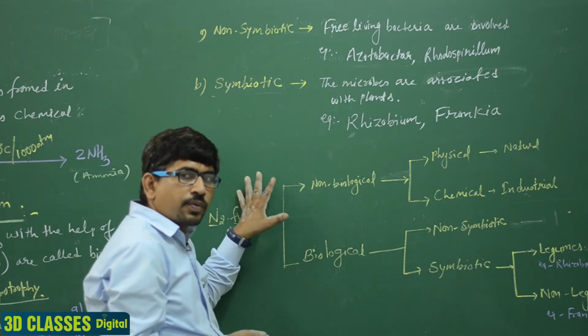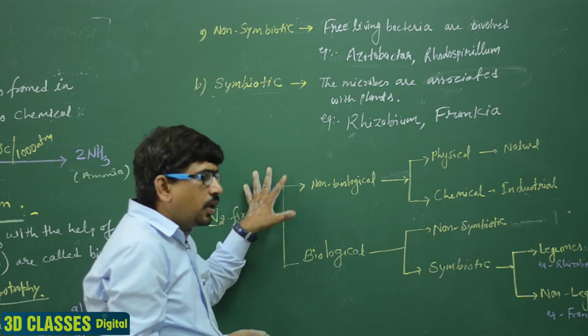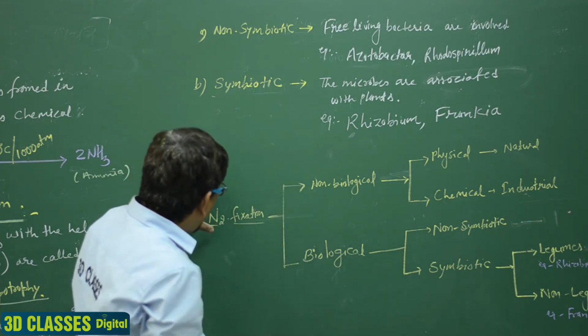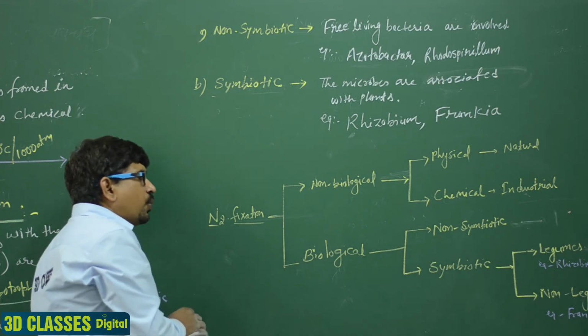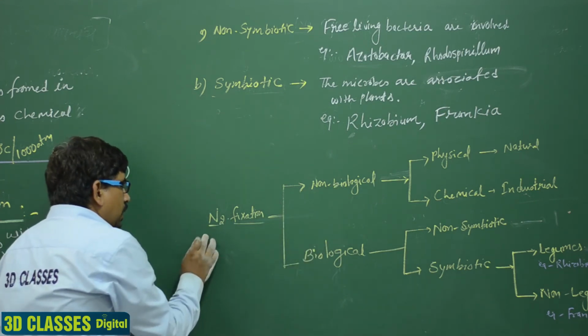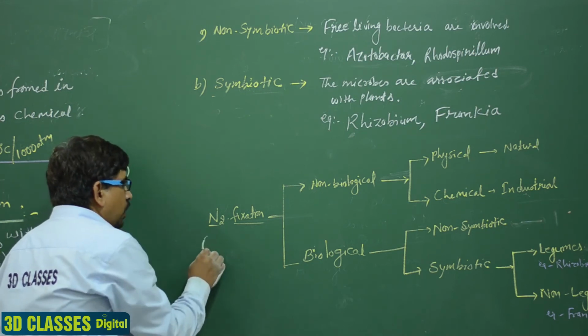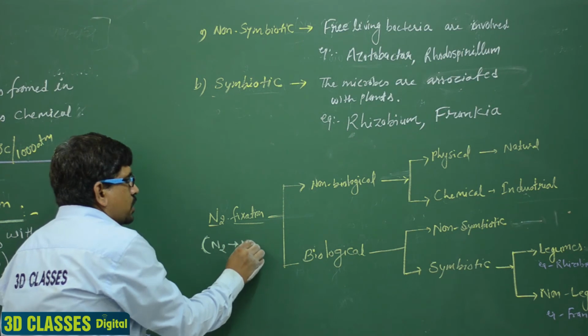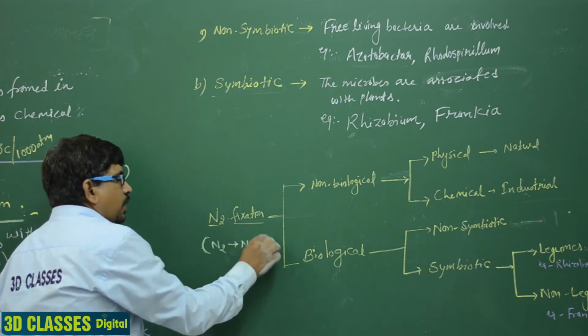So we have categorized biological nitrogen fixation in the nitrogen cycle. The first step of the nitrogen cycle, nitrogen fixation, is described here in a flow chart. Nitrogen fixation means the conversion of N2 into NH3, known as N2 fixation. Clear?